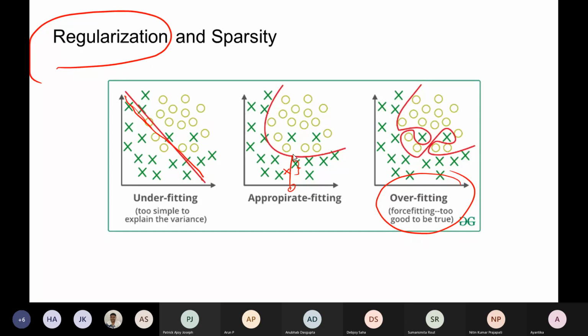When we are talking about overfitting, that we have already discussed, it is working well for your training phase. That means it is perfectly passing through all data points, perfectly holding all your data points. It is satisfying all your training data points. But when it comes to your test data, it is showing high error value.